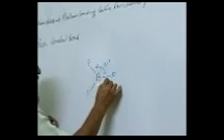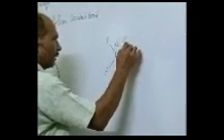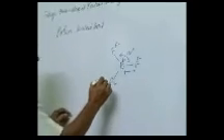If you consider this direction, delta plus, delta minus, delta minus, delta minus, because fluorine is more electronegative than boron. So all three bond moments cancel each other.